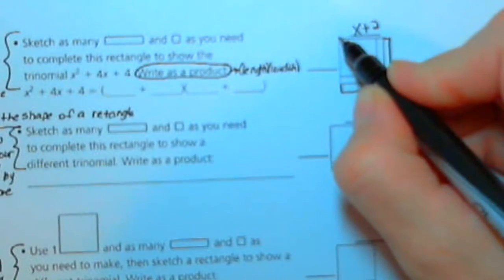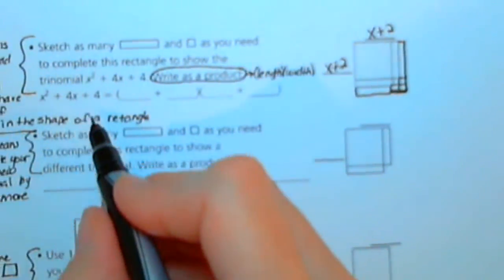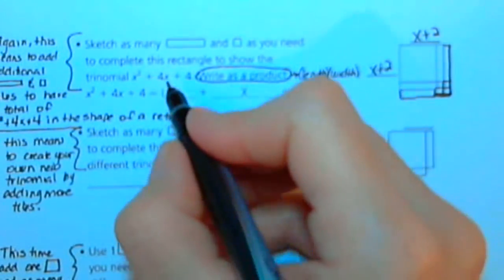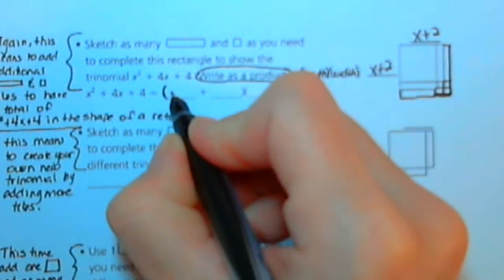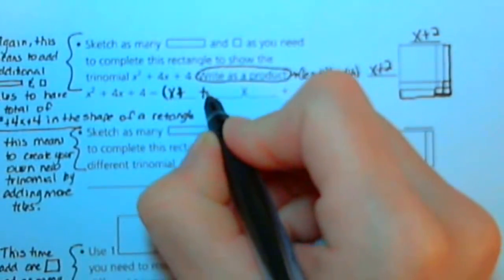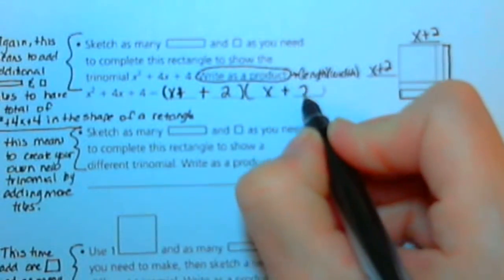And how wide is it? This is x plus 2 as well. So if I was to take this trinomial and write it as a product, that means I have a length of x plus 2 and a width of x plus 2.